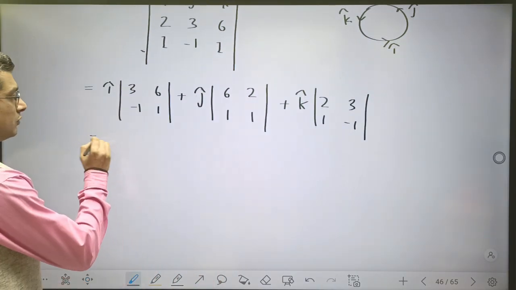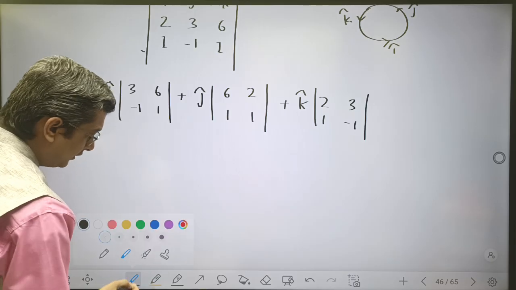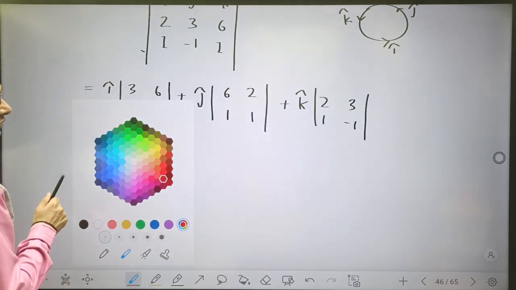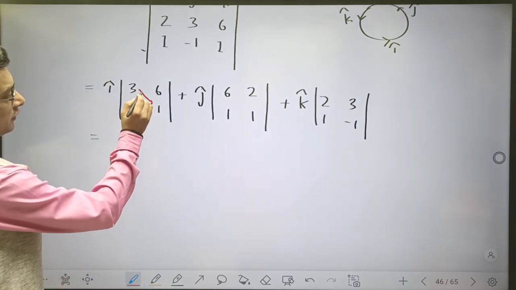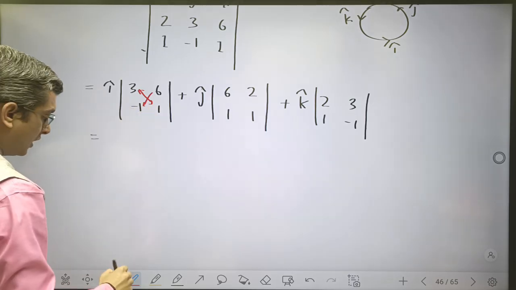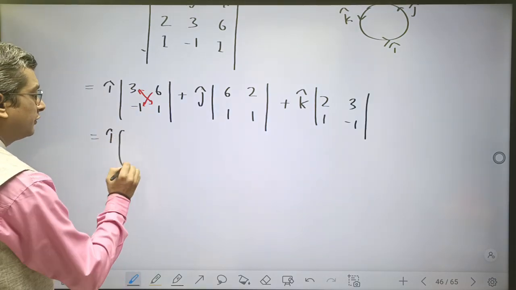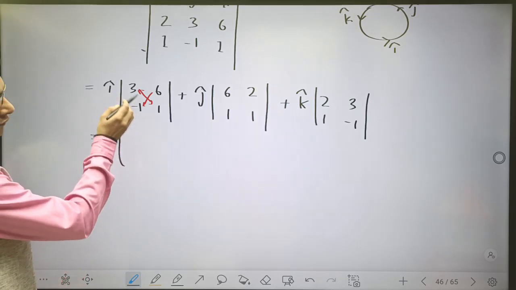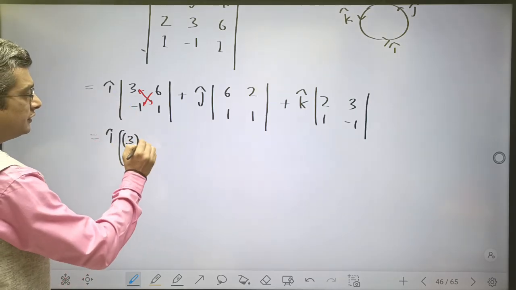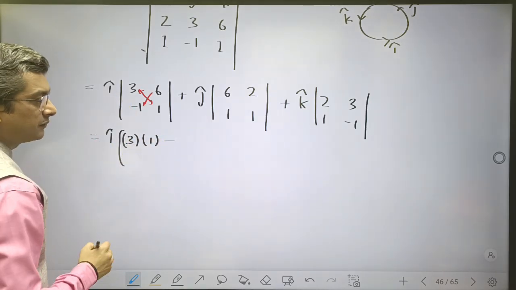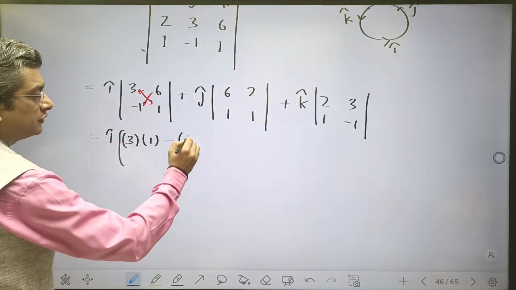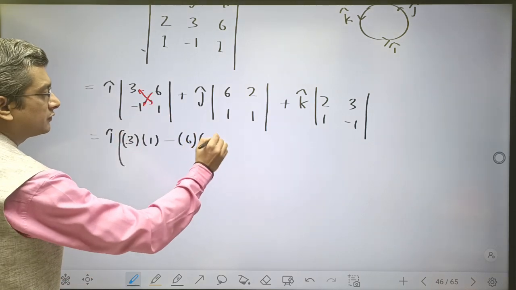Second, now you have to take the cross multiplication, isn't it? You have to multiply this value with this one, this value with this one. How can you approach it? Let us see. Here is I cap, put a square bracket, multiply these cross numbers: this is 3, this is 1, minus, multiply these cross numbers: this is 6 and this is -1.